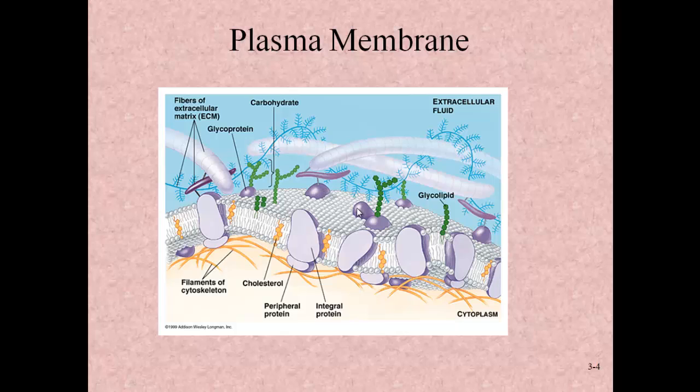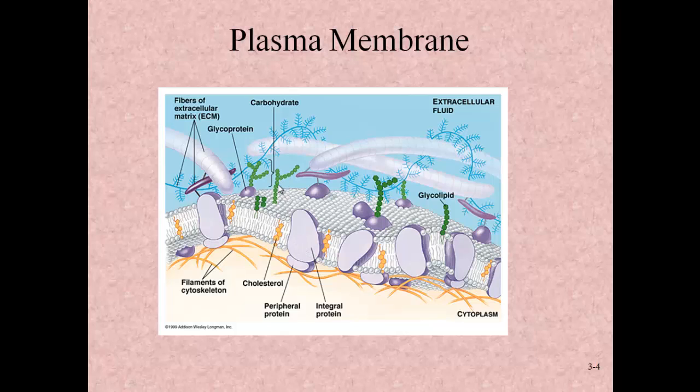Here's another protein, here and here. All of these are proteins. Like I said, they can serve as transporters, helping molecules move across the membrane that cannot dissolve in that fatty core, or they might serve as enzymes. Those are two common examples of proteins in the plasma membrane.